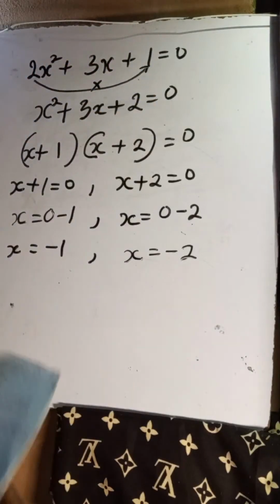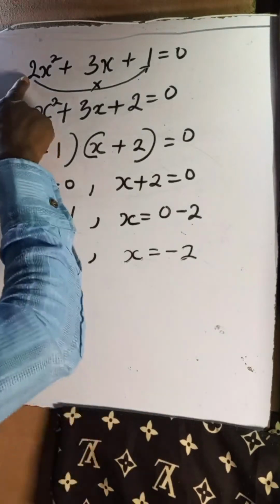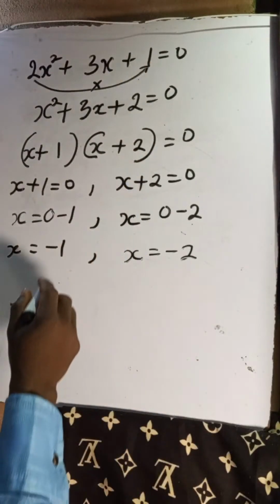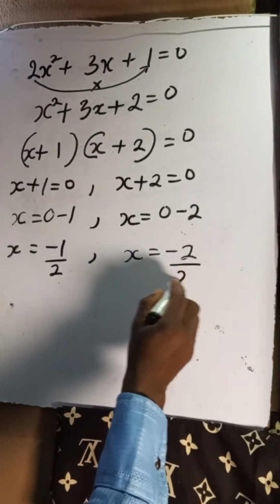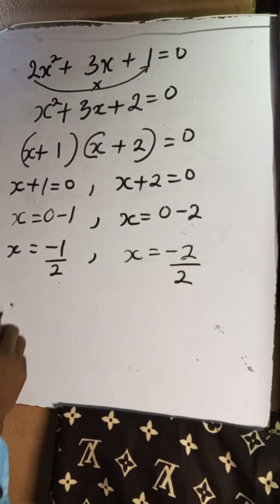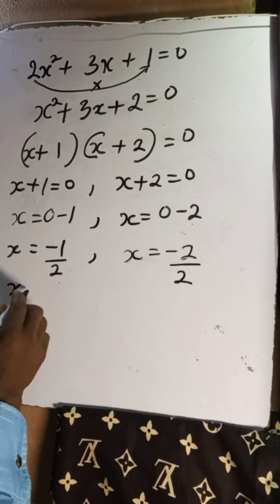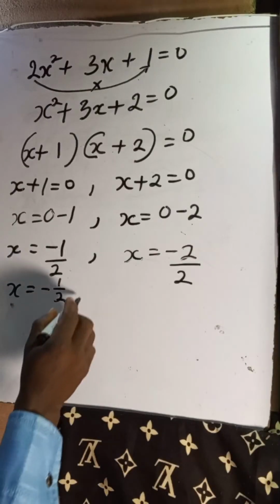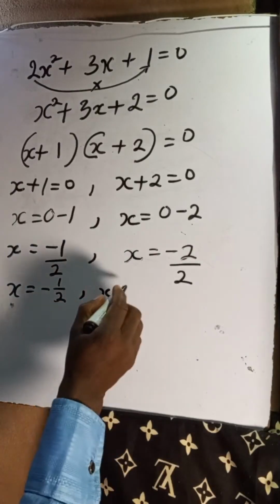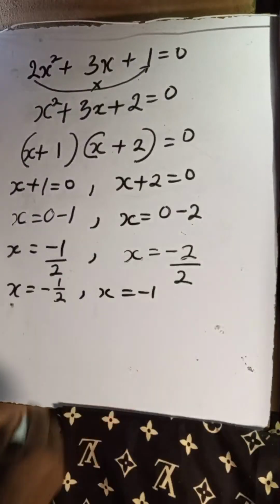Please take note. So divide each of them by the 2 that was used to multiply 1 here, the constant. So divide here by 2, divide here by 2. That gives x to be equals to minus half. And here we have x equals to minus 1.